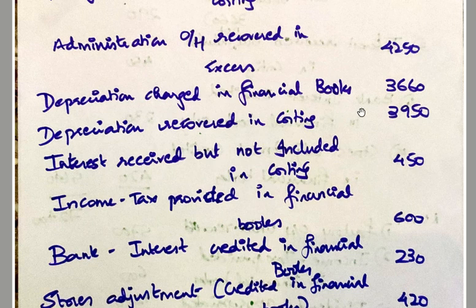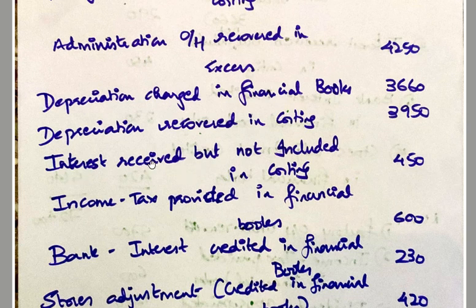So when expense is overcharged, because costing books expense is more than your financial books, you will add it. So 3950 minus 3660, you get depreciation overcharged as 290, which you will add.